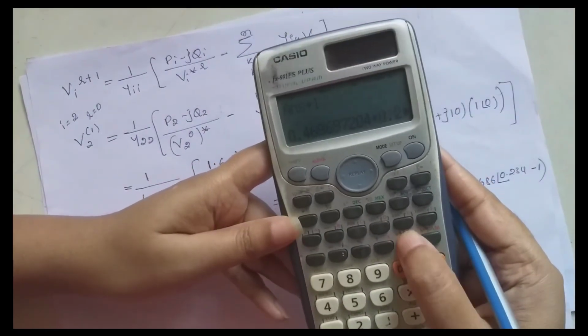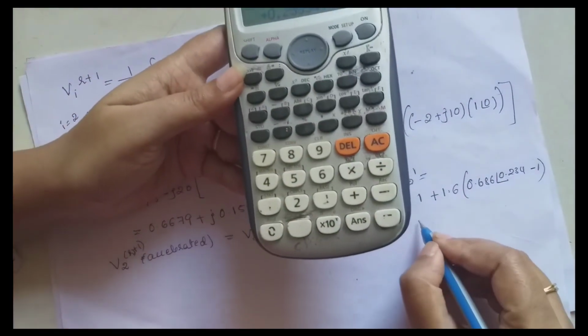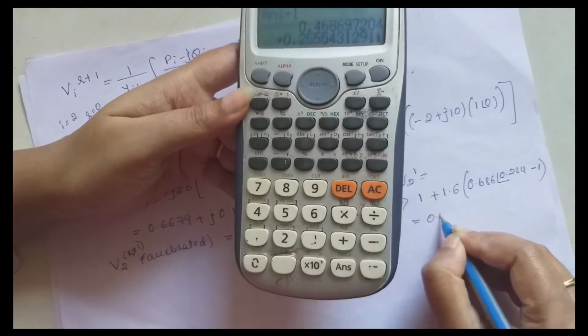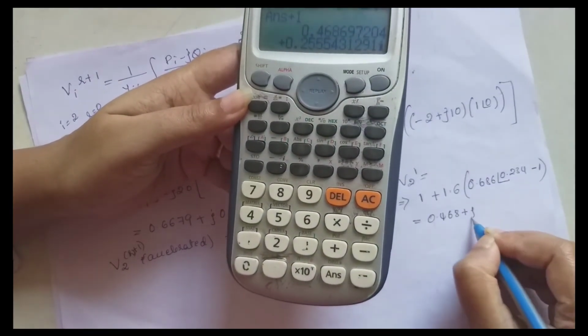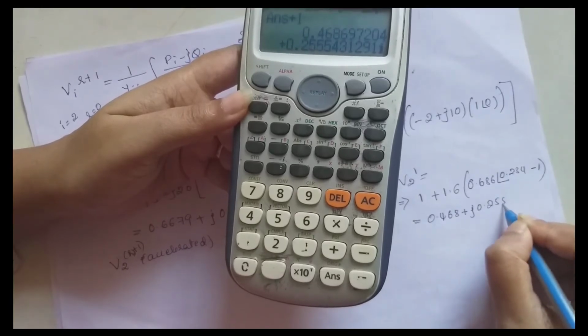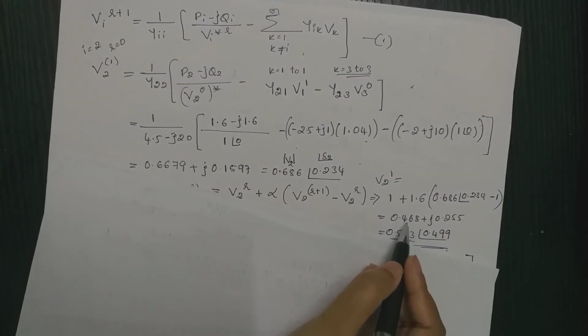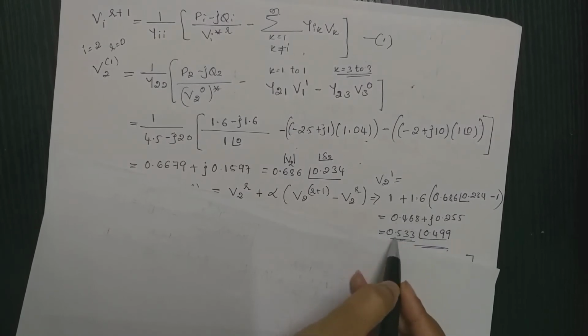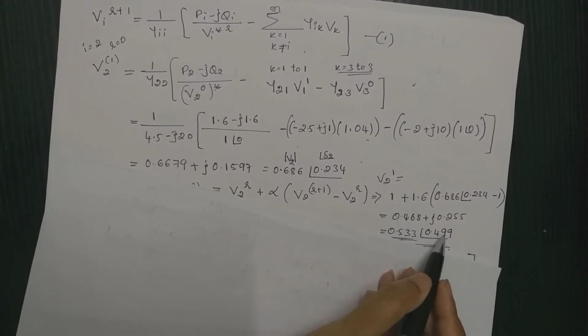We get 0.468 plus j0.255. Converting it into polar form, we get 0.533 at an angle 0.499.